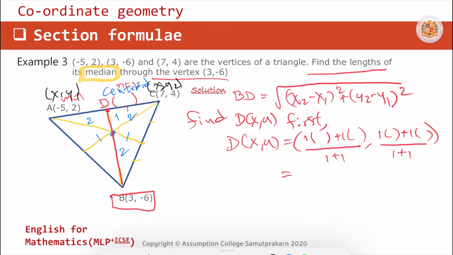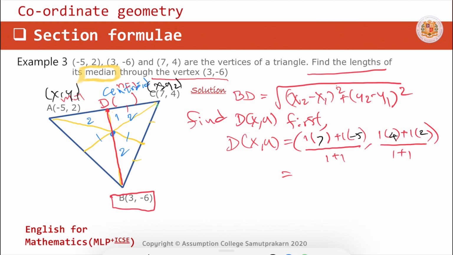So mx2 plus nx1: mx2 would be 7 here, plus nx1 would be -5, divided by m plus n, and then my2, which is 4, plus ny1, which is 2.